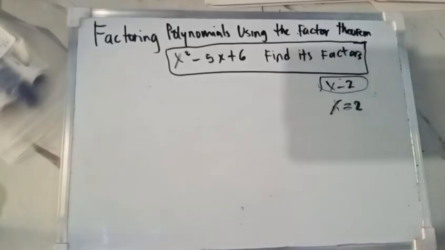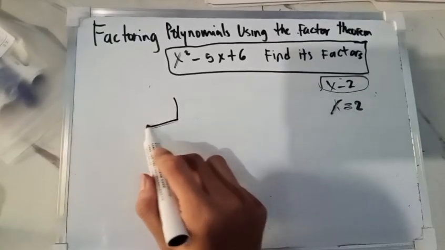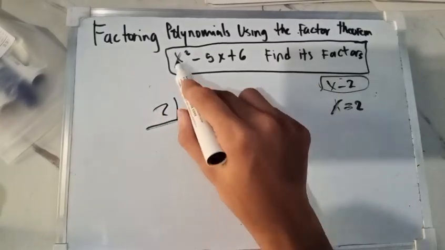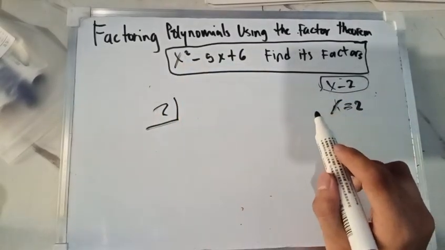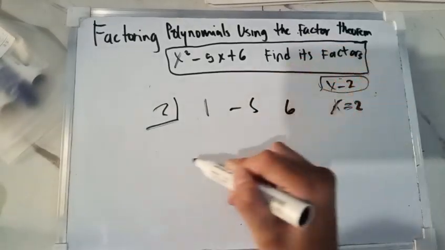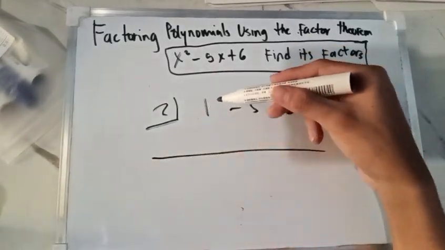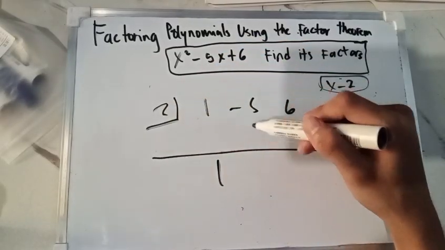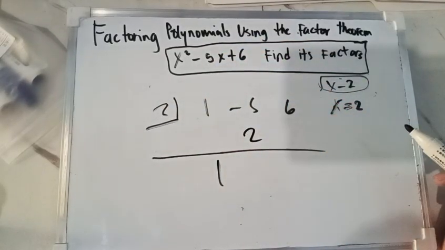We draw a small square, then put 2 here, then write the coefficient of each term: 1, negative 5, and positive 6. We bring down 1, multiply by 2, and put its product at the second.